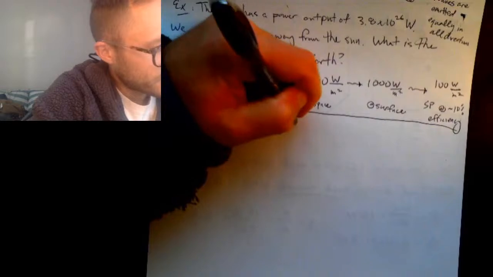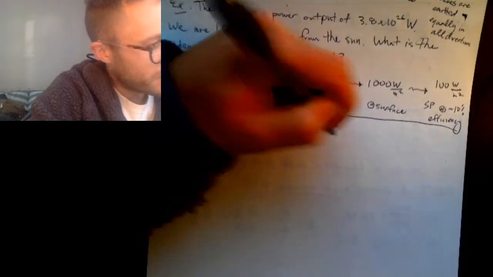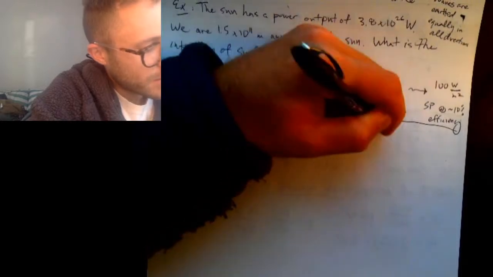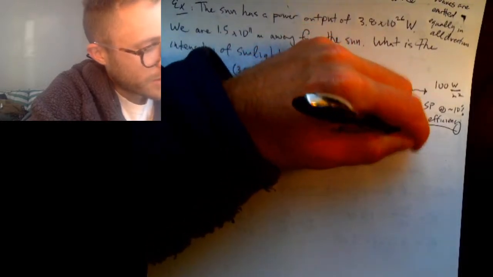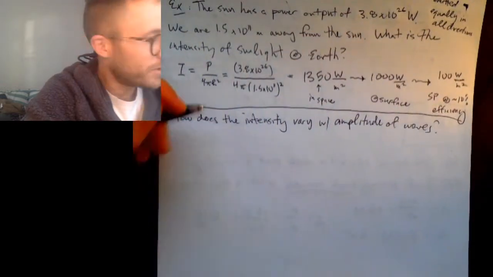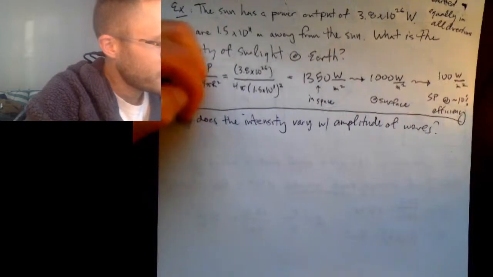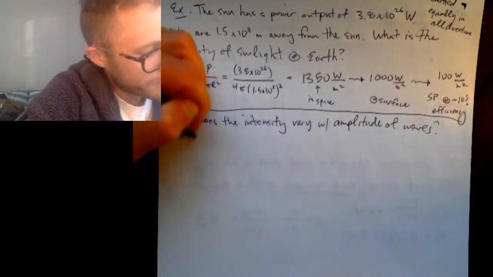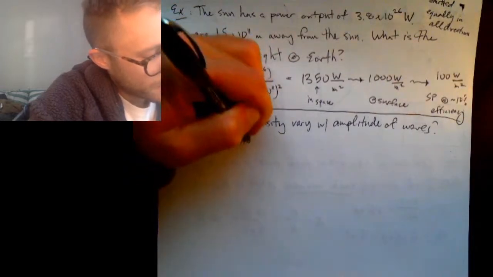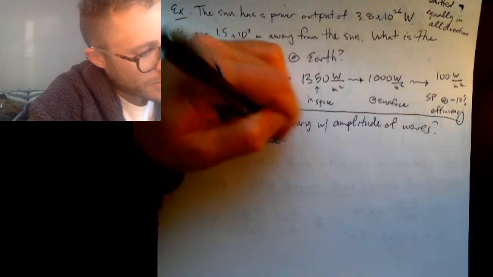Okay, so the next question I want to ask is, how does the intensity vary with the amplitude of the waves? And I think this part is probably fairly obvious. The bigger the wave, the more intensity.